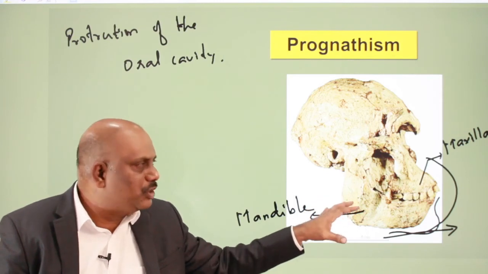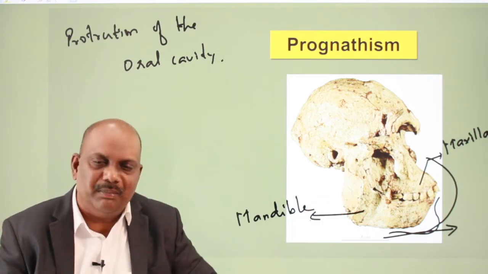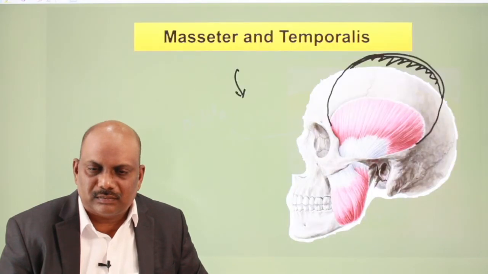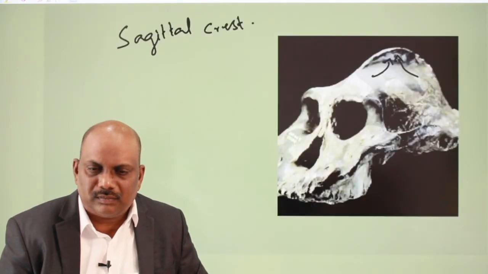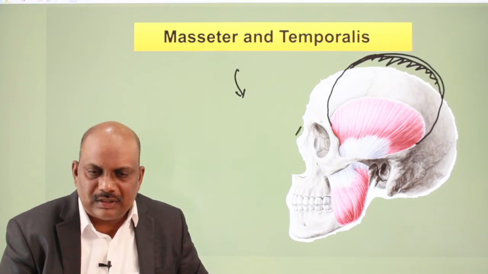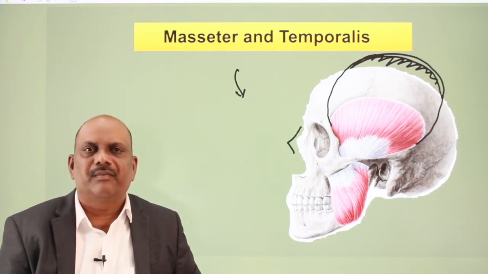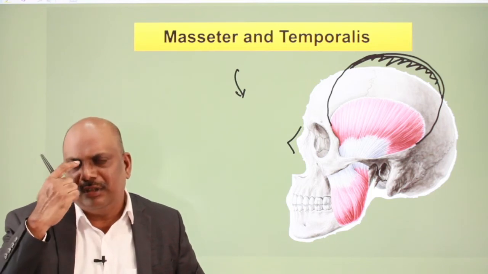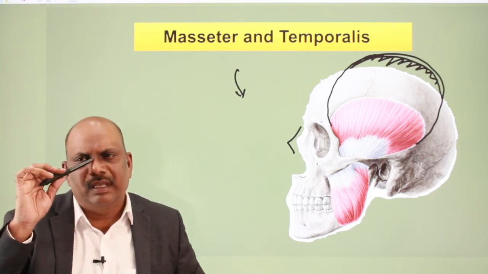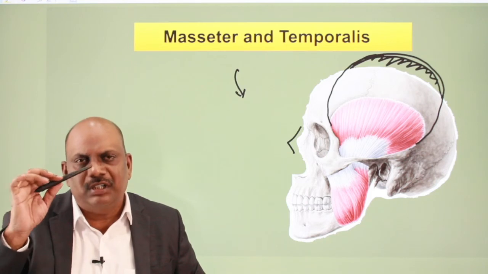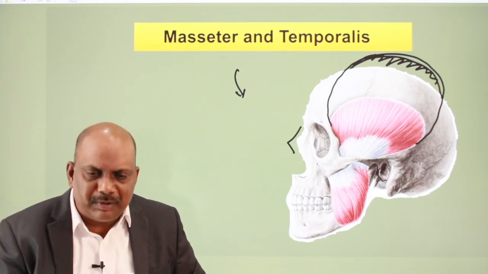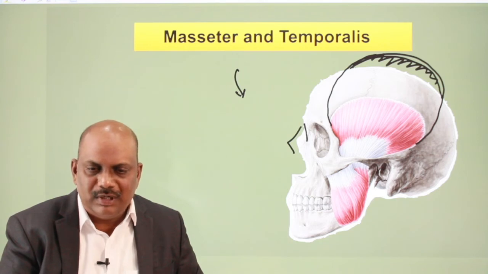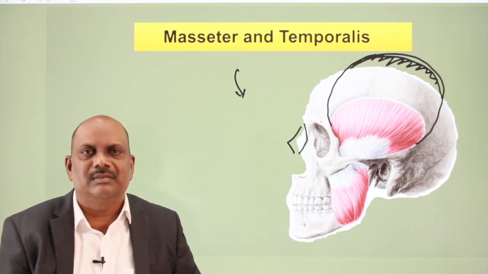Along with the very large mandible, there is the nasal bridge. This is the nasal bridge. For us, the nasal bridge is projected forward. This particular bone here is the nasal bridge. But for the primitive apes, for Australopithecus and Homo erectus, this nasal bone is depressed like this.